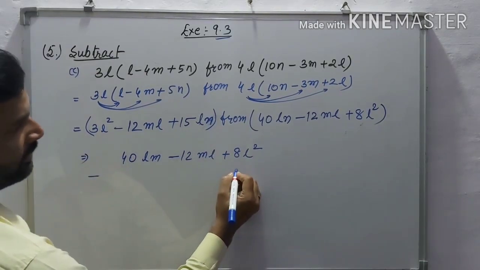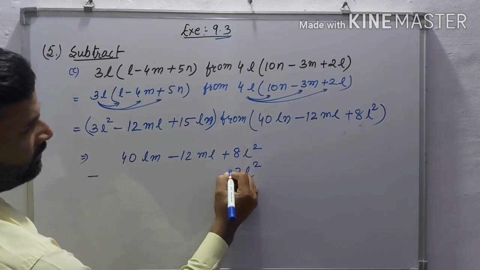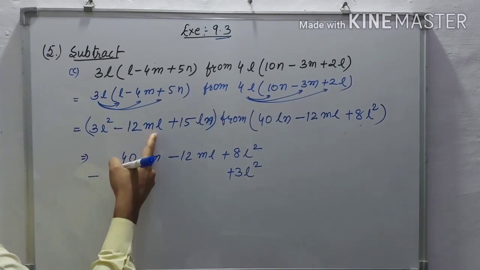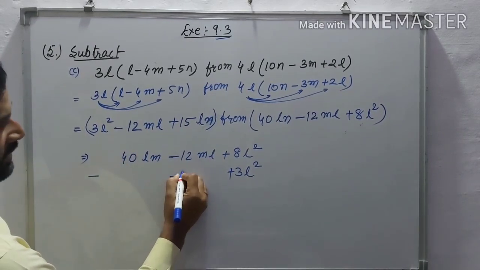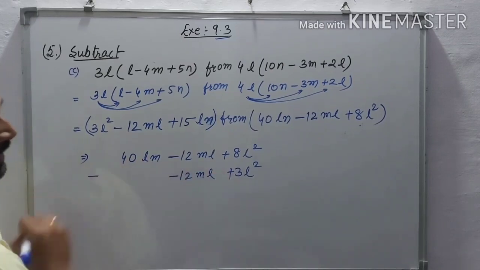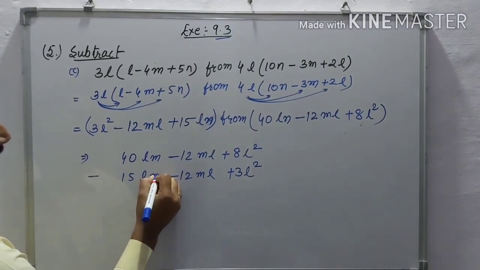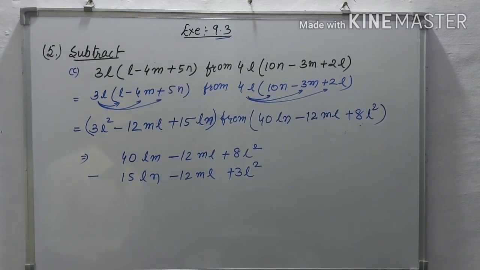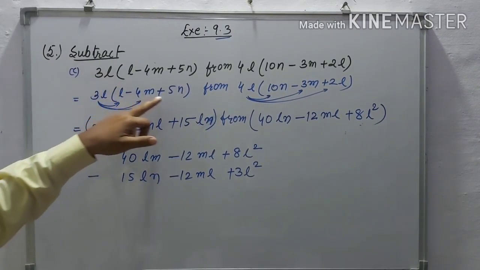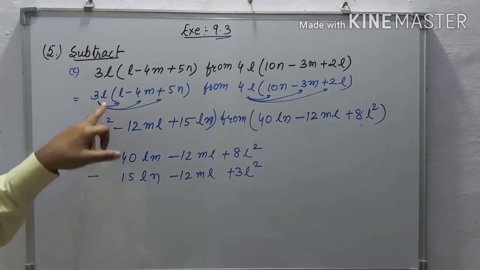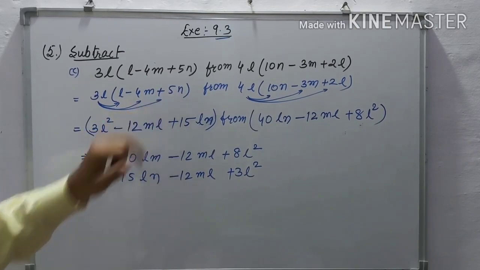3l square minus 12 ml plus 15 ln. Here are l square, ml and ln.